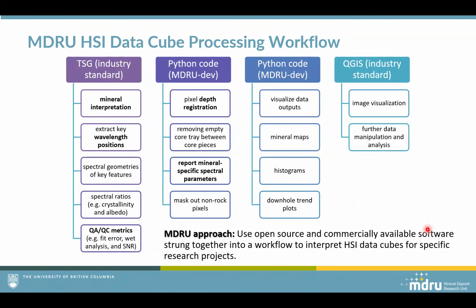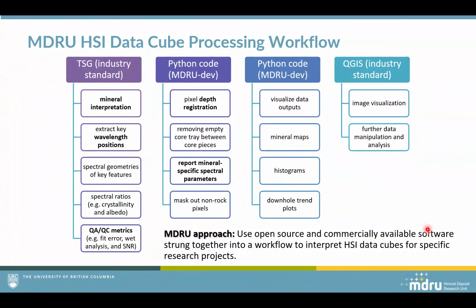So not the end of the world if you don't have that. And then from there, we do things like removing core tray between core pieces, essentially creating masks, reporting mineral-specific spectral parameters, and ultimately getting rid of all non-rock pixels, so core boxes, tape, etc.